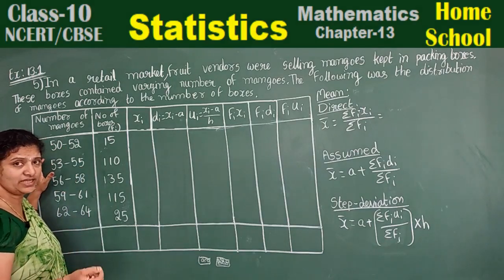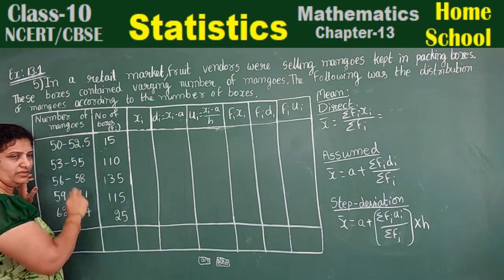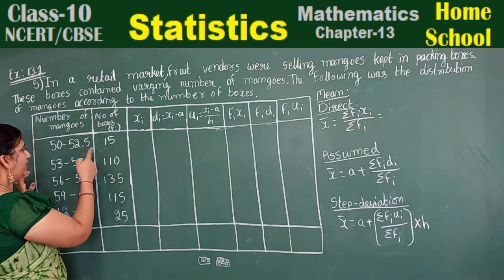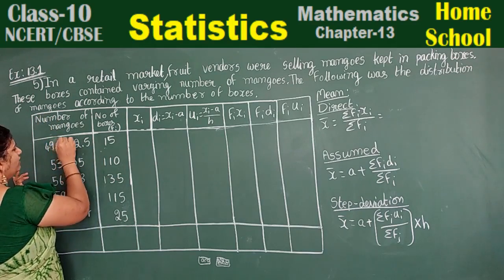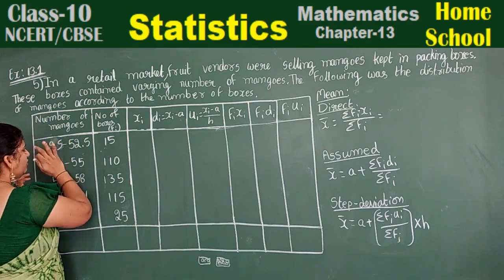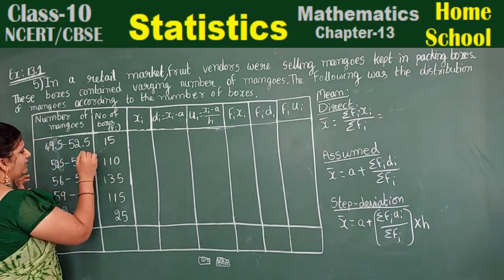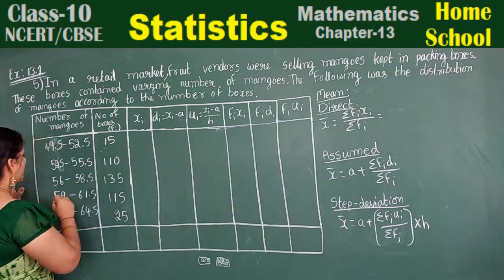How are we going to change? The difference is 1, right? Add 0.5 to the upper limit and reduce 0.5 from the lower limit. Similarly, you need to reduce all lower limits by 0.5 and add 0.5 to the upper limits. Okay?